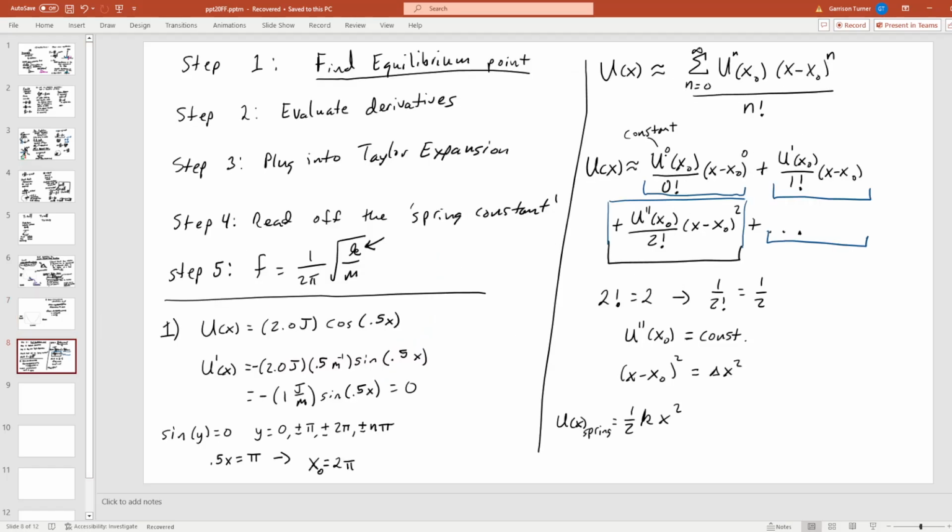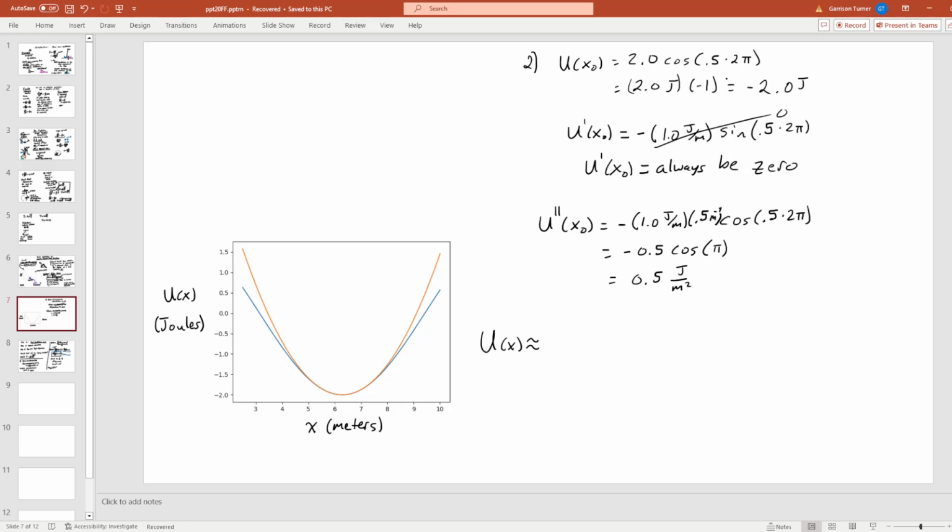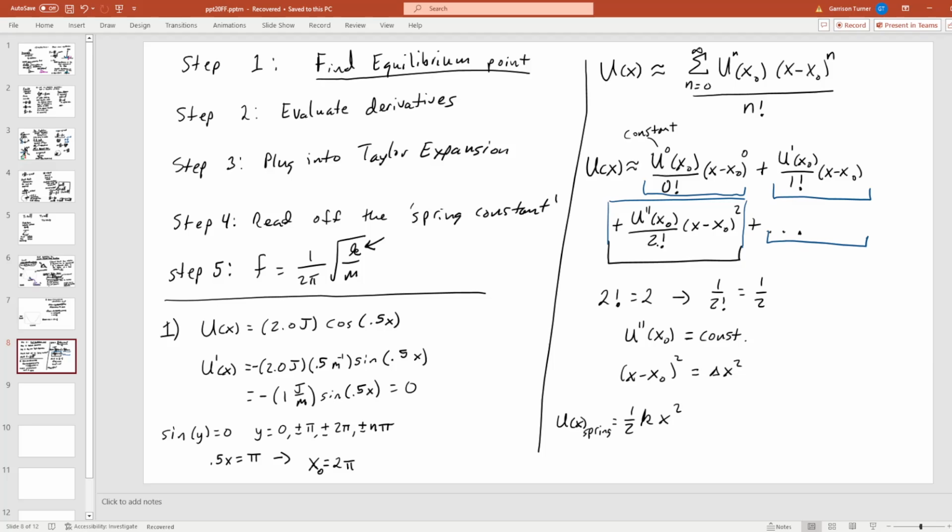We've found u naught, which is just the function evaluated at the equilibrium position, so that's negative 2, plus 0, plus 1/2, because remember, we have the 2 factorial, which carries a factor of 1/2.